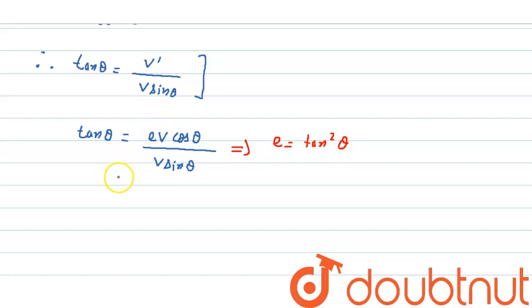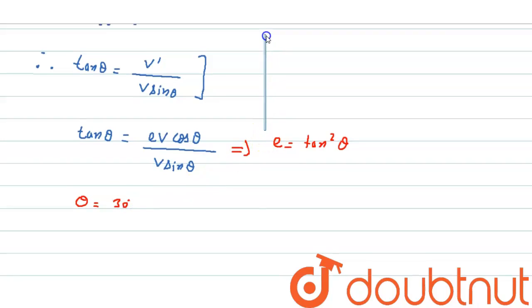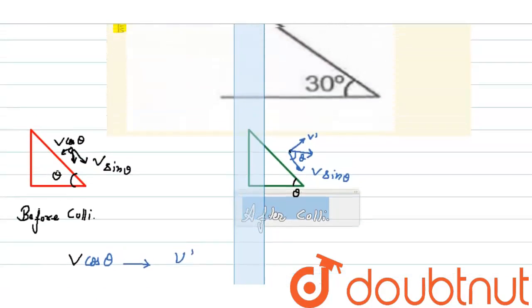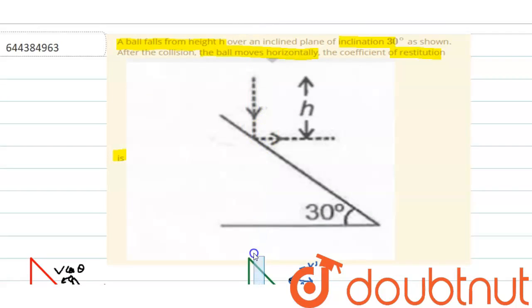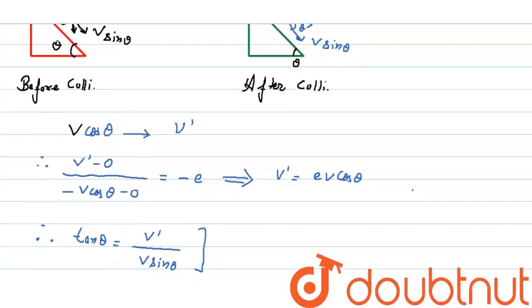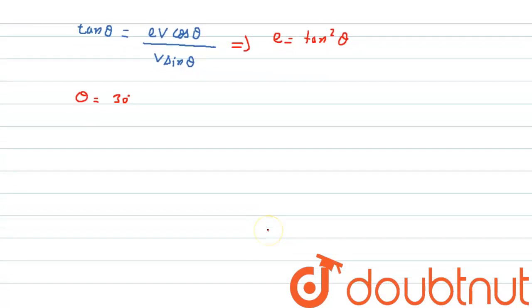Now, as we know the value of theta is 30 degrees, which is given, e is equal to tan square 30 degrees, which is equal to 1 by 3.